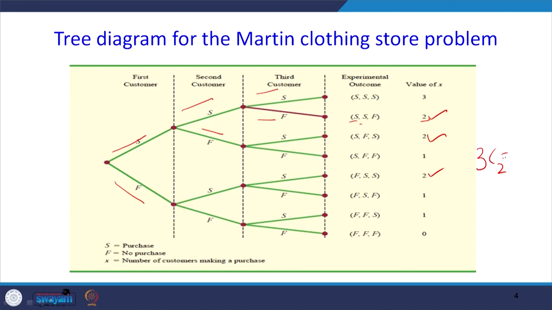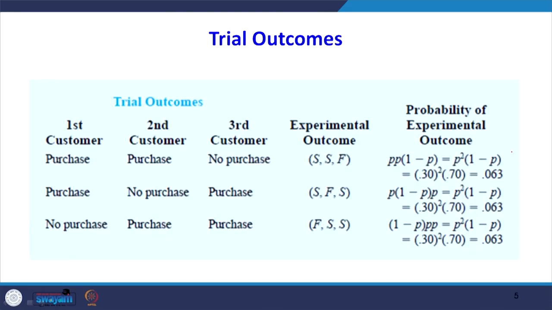So 3C2 is 3. Now we will see the first possibility: purchase, purchase, no purchase, success, success. Success we know the probability, we are calling it P; failure is 1 minus P. So it is P square into 1 minus P; P is 0.30, whole square, multiplied by 0.70, which is 0.063.